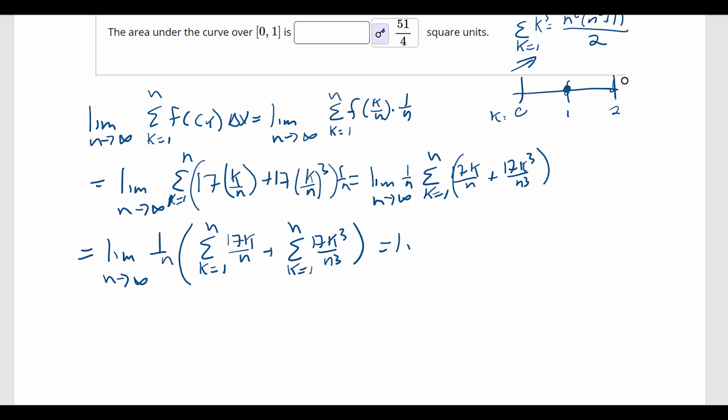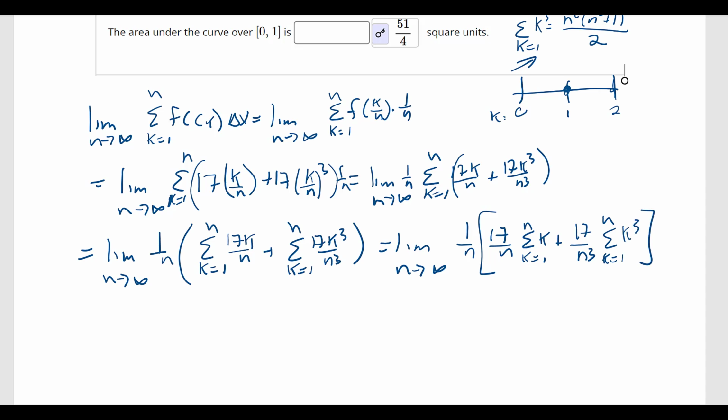That's going to give us the limit as n goes to infinity of 1 over n times 17 over n times the sum as k goes from 1 to n of k plus 17 over n cubed times the sum as k goes from 1 to n of k cubed.